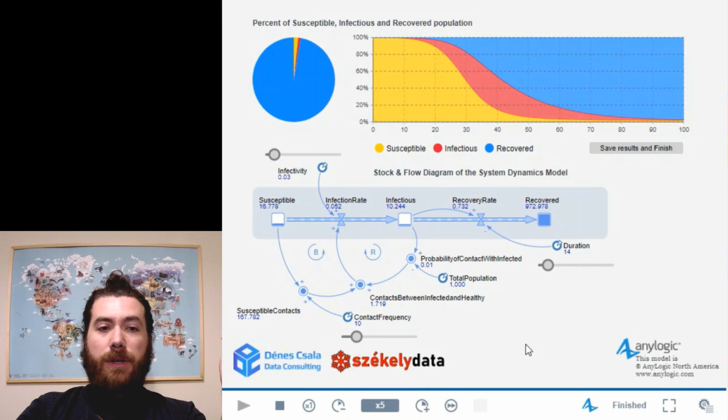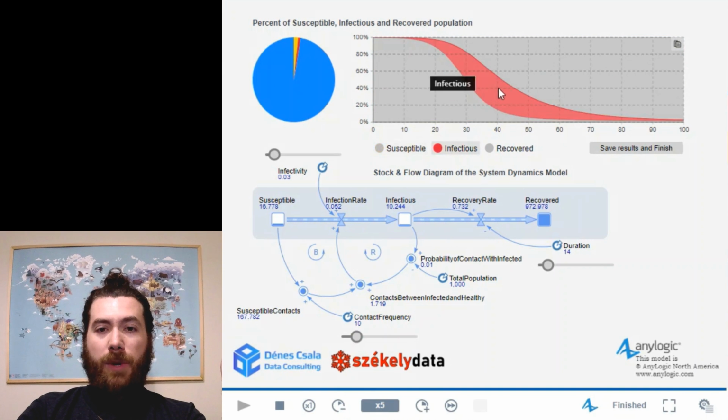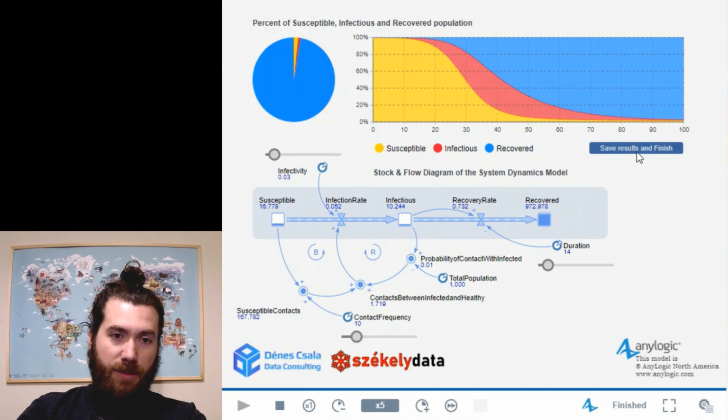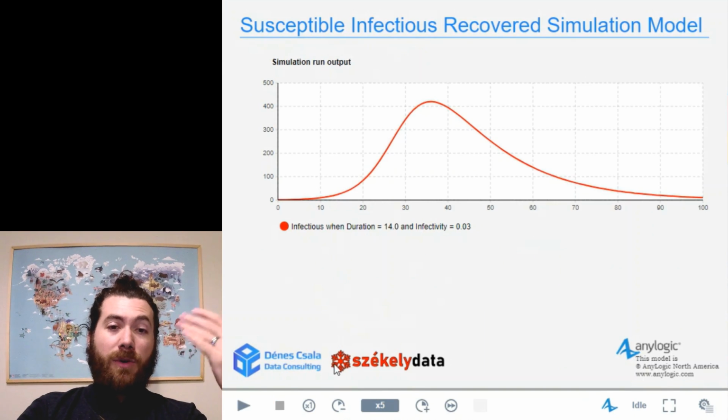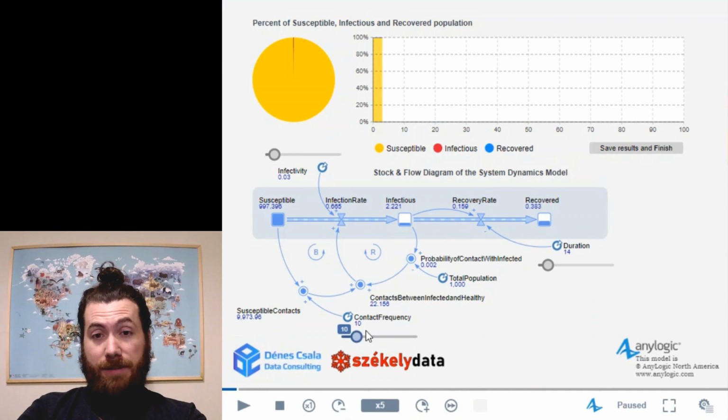And then, of course, after enough time has passed, everybody just recovers. So we end up with initially everybody being susceptible to the disease, then some people have already been infected and they have recovered. Some people have just been infected and they haven't recovered yet.